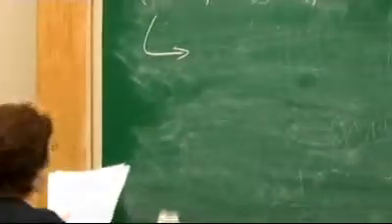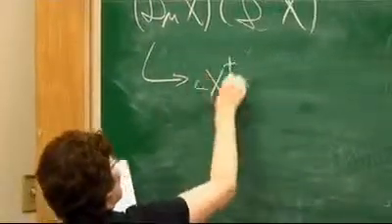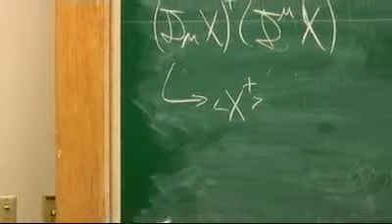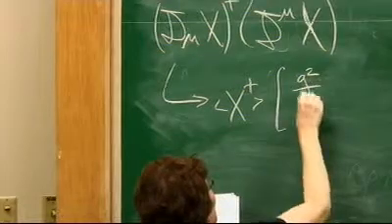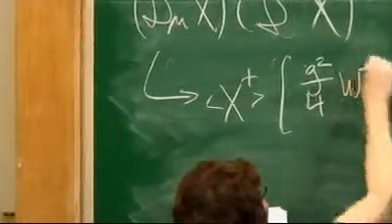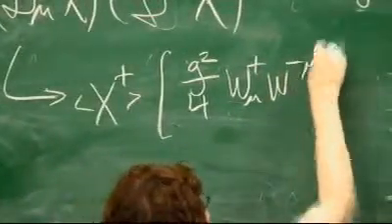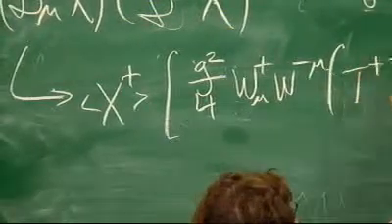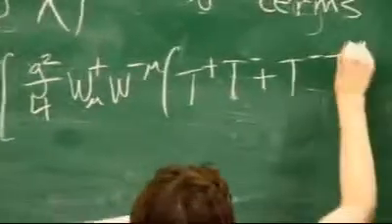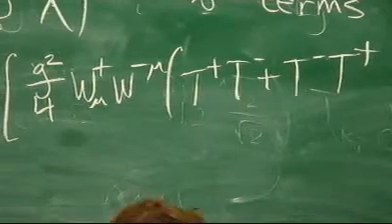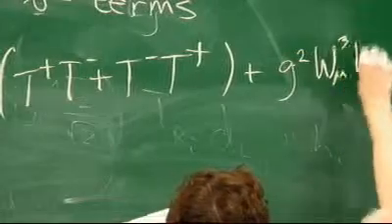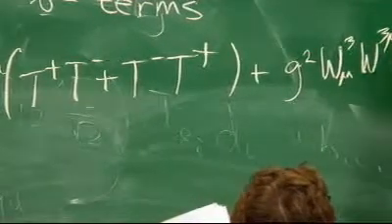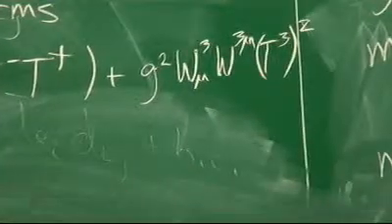The little brackets mean I'm just taking the vacuum expectation value part. So I've done some combining of terms already. This is T3, the third generator, quantity squared.